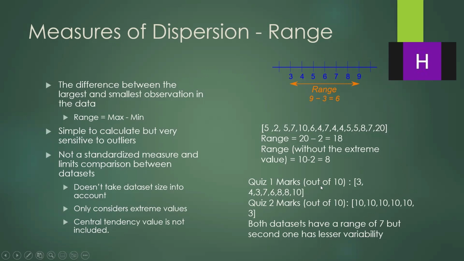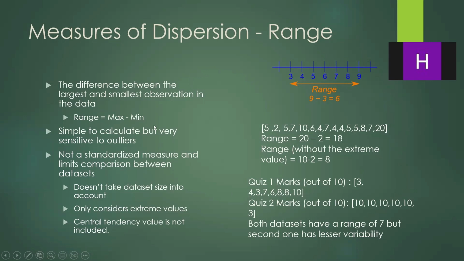When we calculate the range of this data set, it is going to be 7 in both cases. But you can see very clearly that the data sets are very different. The composition of marks is quite different, okay? So quiz 2 has lesser variability and quiz 1 has greater variability, but range has not been able to capture this fact very well.